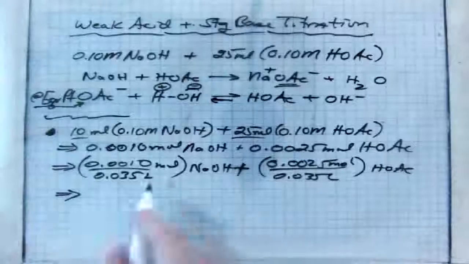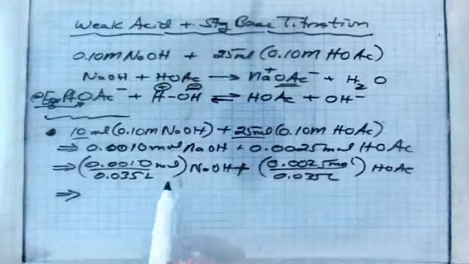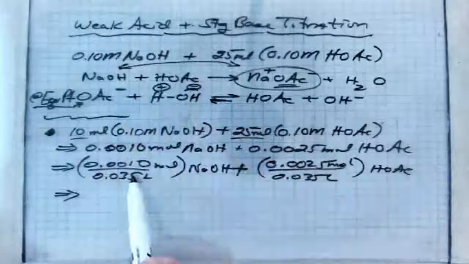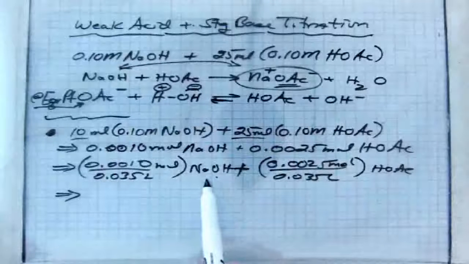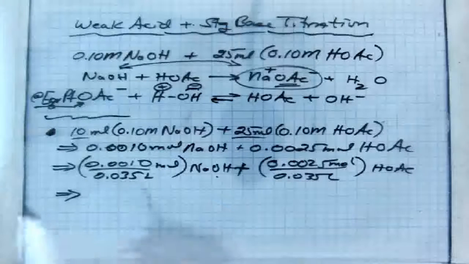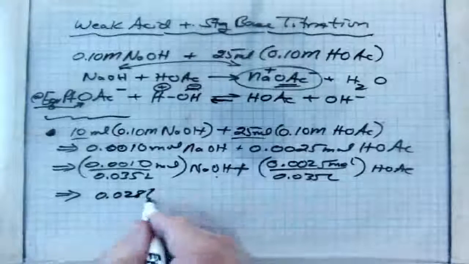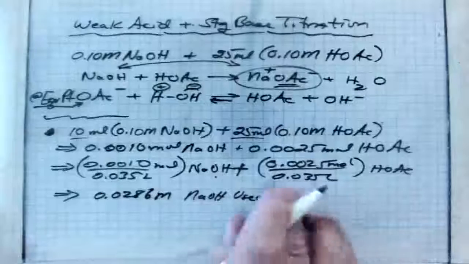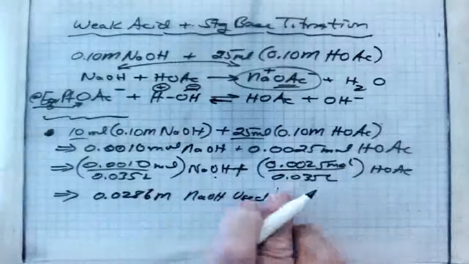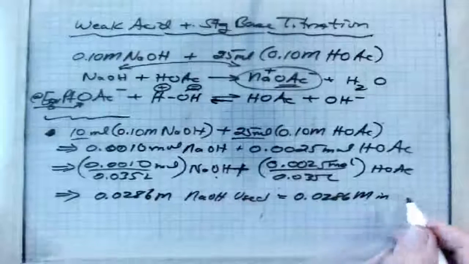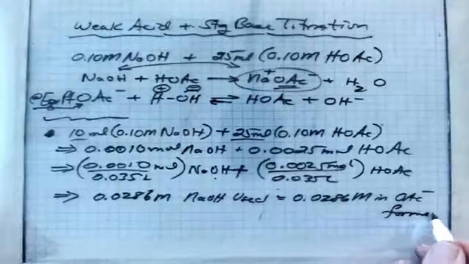But we have to keep in mind that the sodium hydroxide will account for the yield of the salt. So whatever we calculate here in molarity of the sodium hydroxide used up is also equal to the salt generated in the reaction. 0.001 divided by 0.035 gives us 0.0286 molar sodium hydroxide used, which is equal to 0.0286 molar OAc- formed.